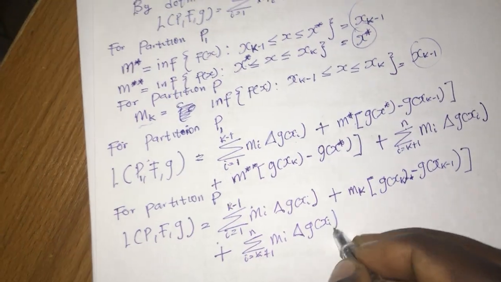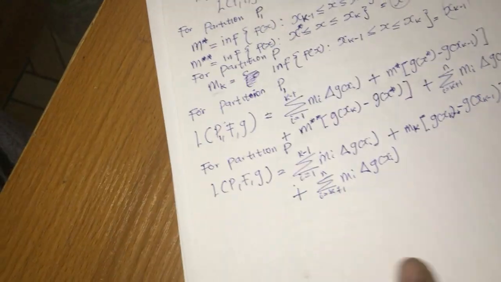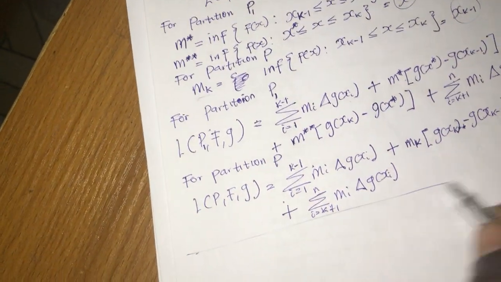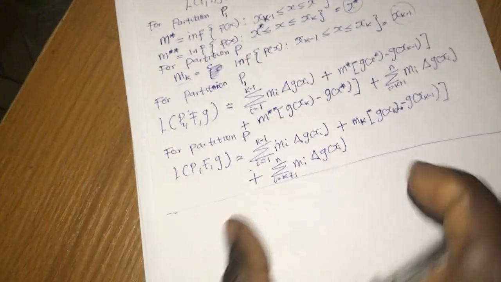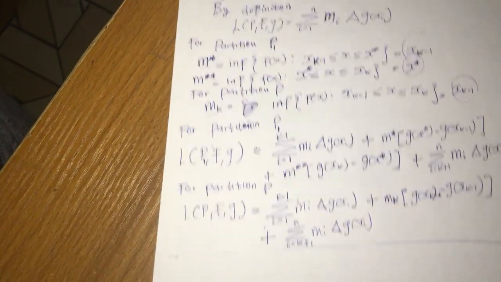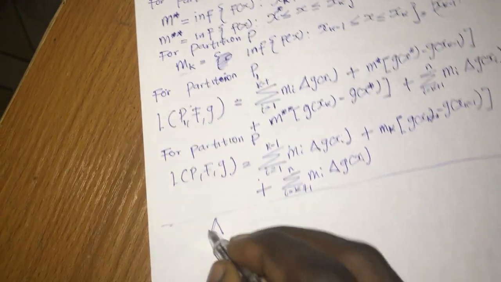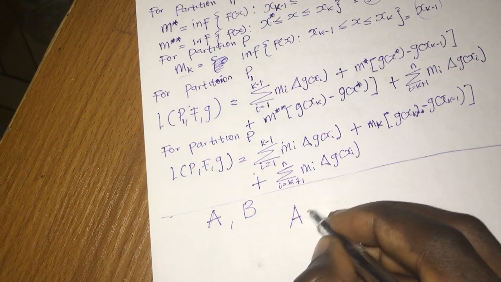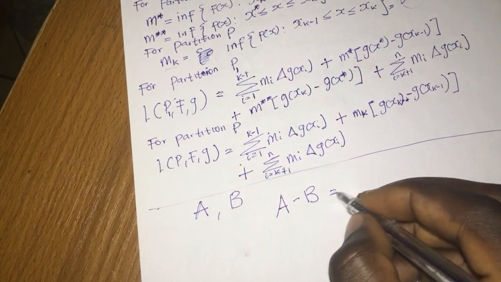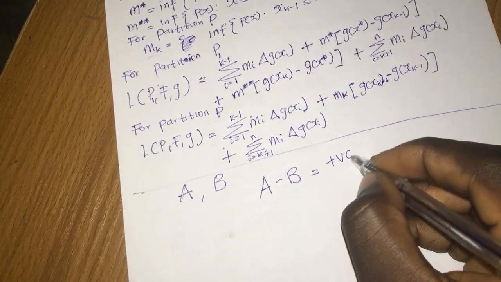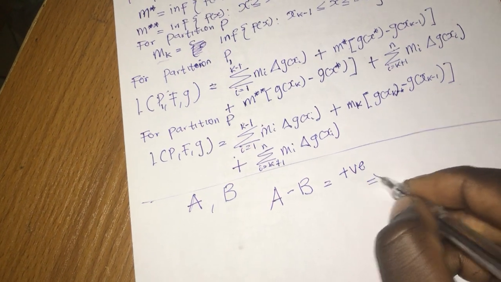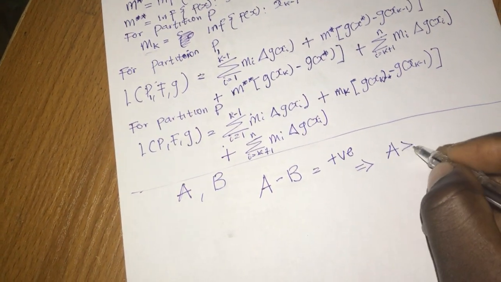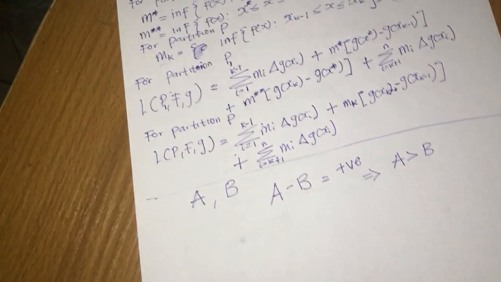So how can you know if something is smaller? Let's pause here. How can you know if something is smaller or lesser than something? Let's assume that we have a and we have b. If you subtract a minus b and you're having a positive number, this shows that a is greater than b, isn't it?